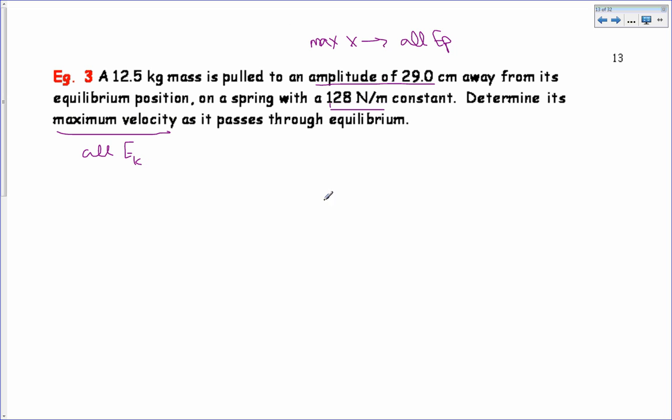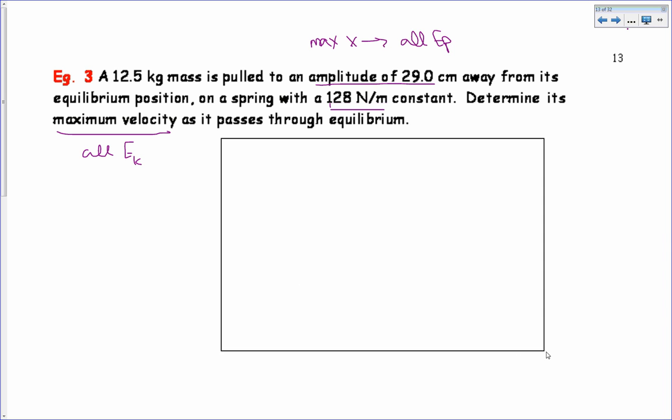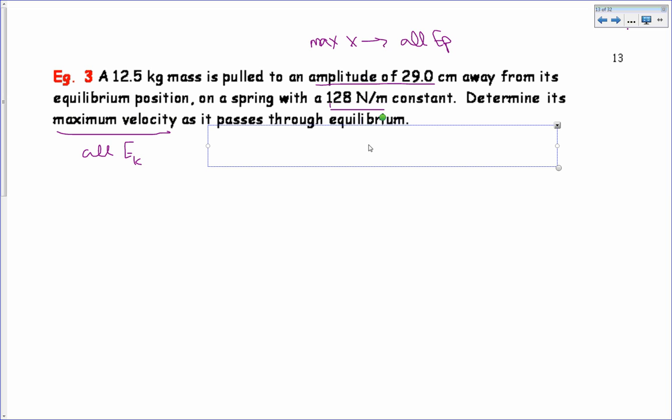position. Okay, so we have mechanical energy before equals mechanical energy after. I'm actually going to undo this here. So mechanical energy before equals mechanical energy after.